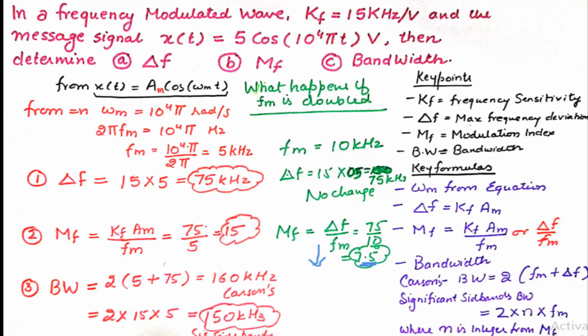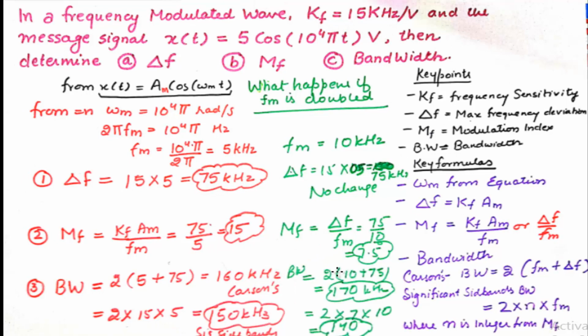And what about bandwidths? Bandwidths will also change. Carson's bandwidth is 2 into 10 plus 75, which will give me 170 kilohertz, and the bandwidth calculated from the significant sidebands is 2 into n into Fm. Now n is 7.5, but we'll take 7, the integer, so it is 140.